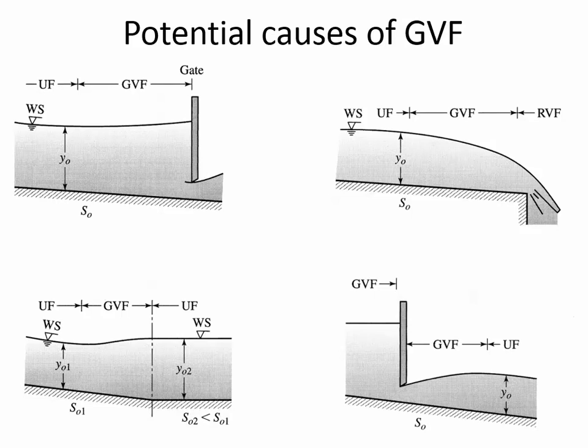Here's another one. Gradually varying flow, and then it goes to uniform flow. So what do we know about the slope in this lower right-hand diagram? If we don't see a hydraulic jump, what does that tell us about the slope? It's steep.